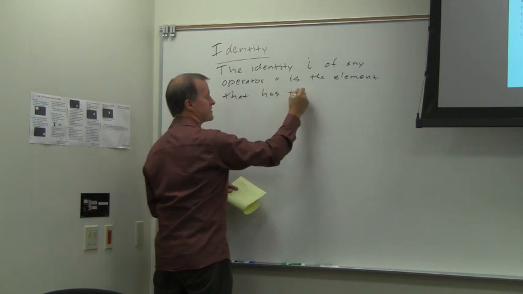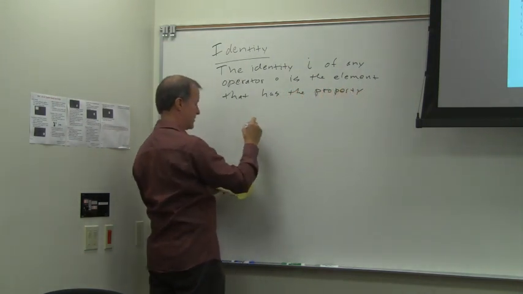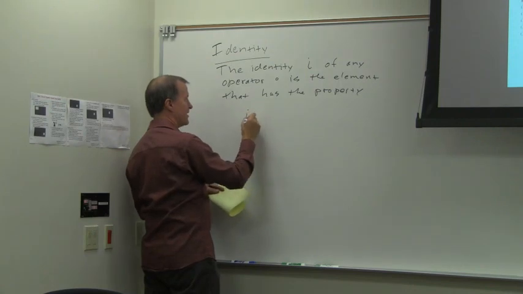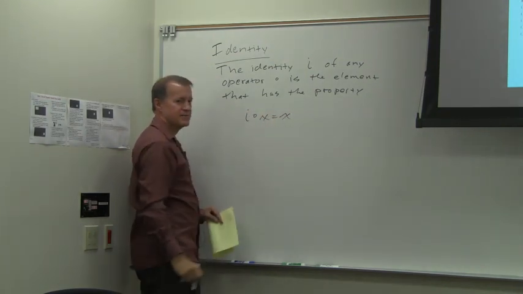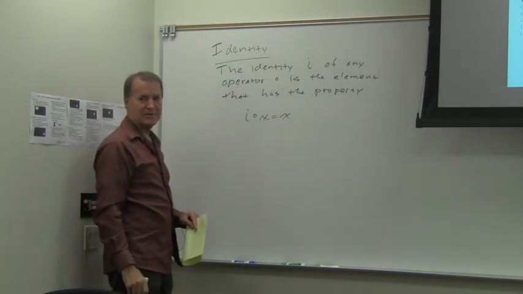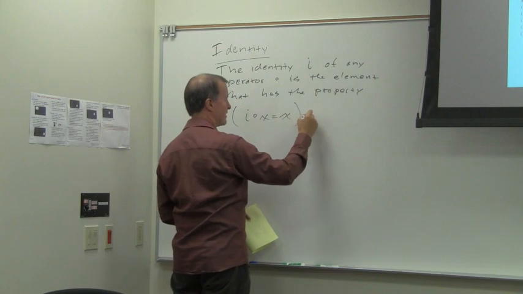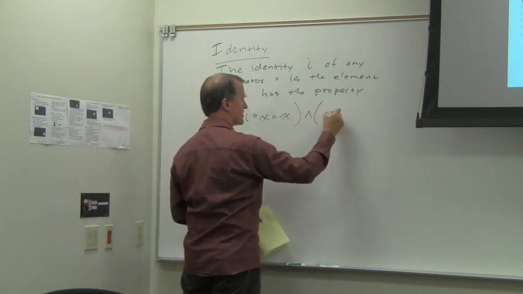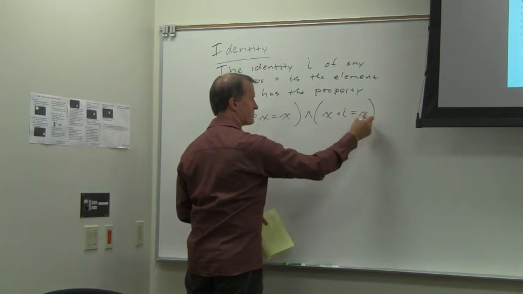that has the property, now check this out, I circle x equals x. Are you with me? On the one hand, and on the other hand, x circle I equals x.